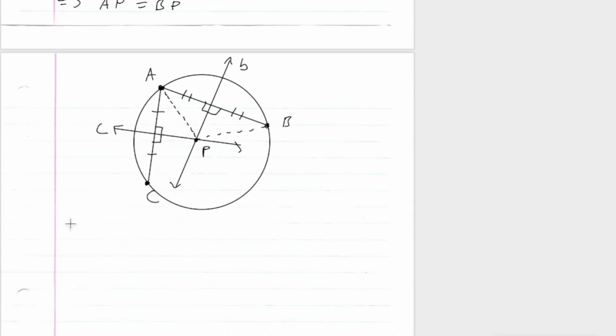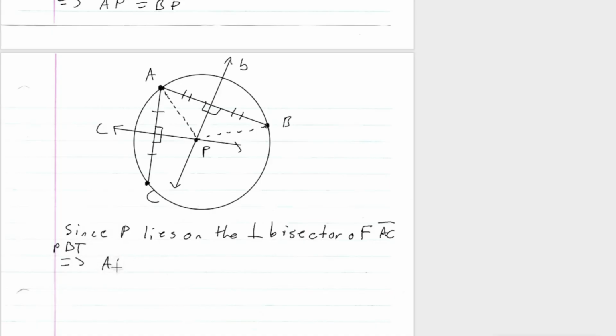Similarly, since P lies on the perpendicular bisector of AC, this implies by the perpendicular bisector theorem that AP will be congruent to CP. So let me go ahead and draw that here. All right, so that means that all three of these, right, are congruent.